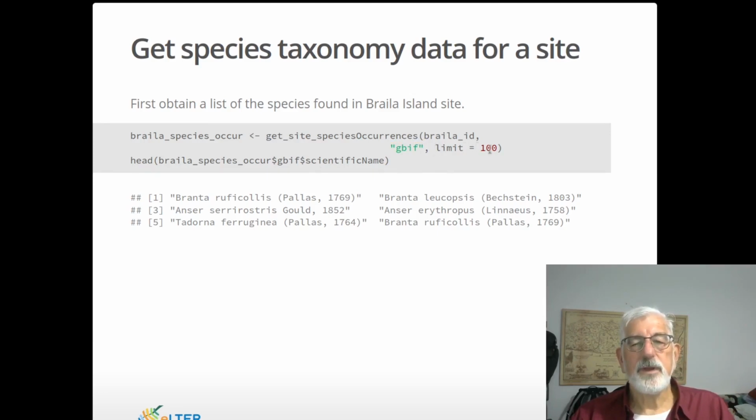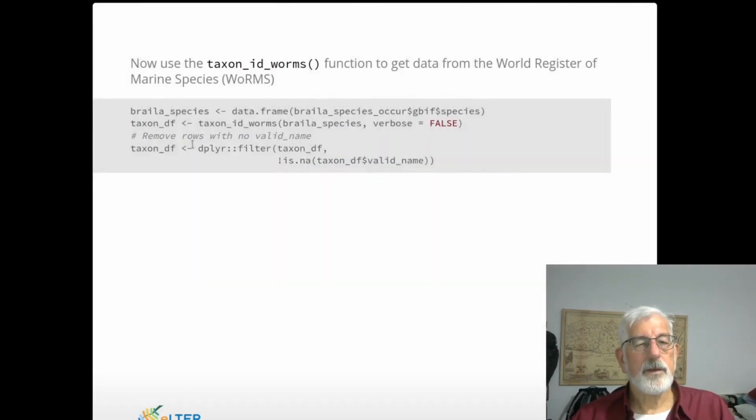In this case, we are downloading 100 species. By using the head function, we get only the first 6. Now, the species names are stored in the downloaded table, Bryla Species Occurrence, in the item called Species.